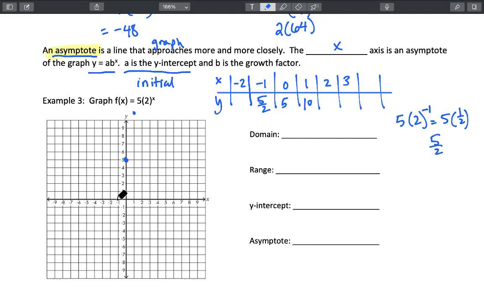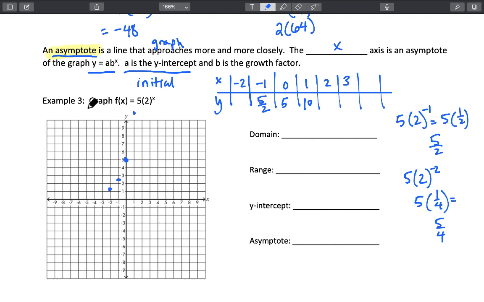So when x is -1, y is 2.5. All right, if we keep moving smaller to say to the -2, this becomes 5 times 2 to the -2 now, which results in 5 times 1/4, and that's 5/4. So that's slightly over 1. Again, that point exists right there.